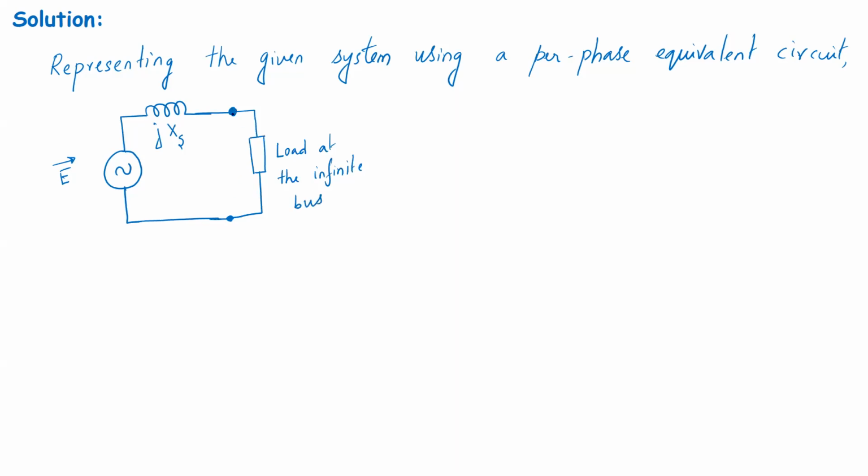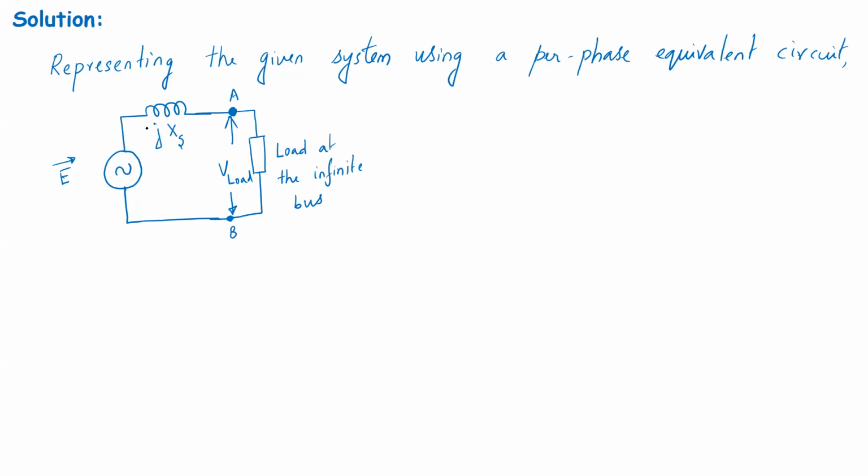Please note, across the terminals A and B, there is an infinite bus, which means the voltage across the terminals is fixed at whatever value is specified in the problem, and the frequency of this voltage will also remain constant.